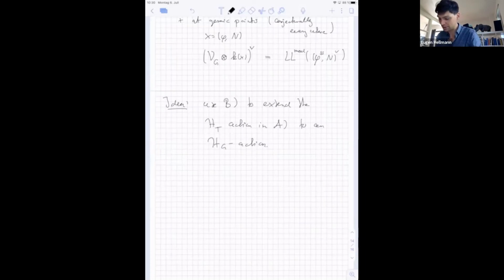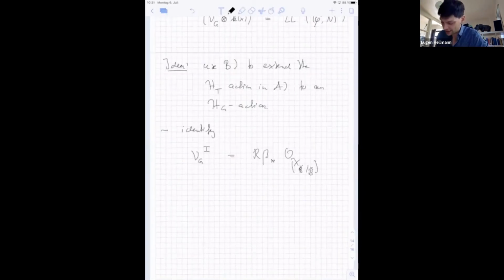And I should maybe say that with this identification, so this means identify, well, I called both MG, so maybe I should call it VG, and the I-invariants with R beta lower star of the structure sheaf, as O of X G check tensor Hecke algebra of the torus modules.